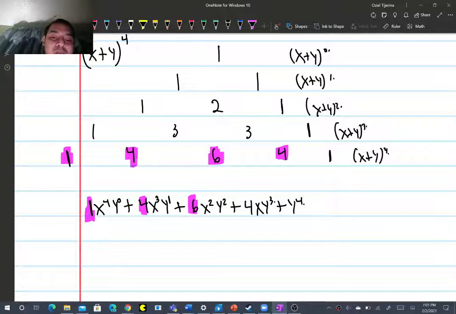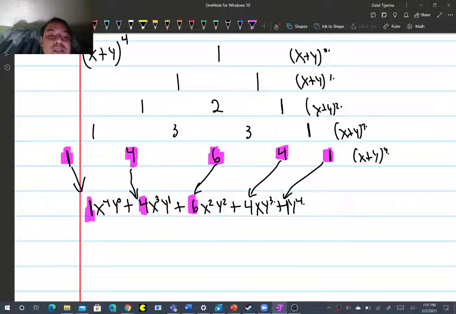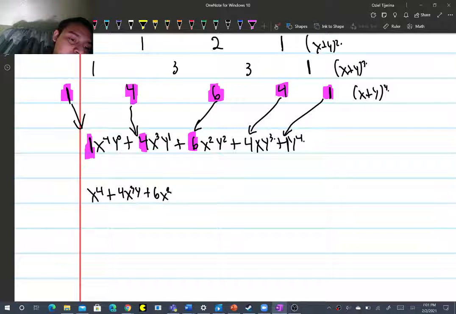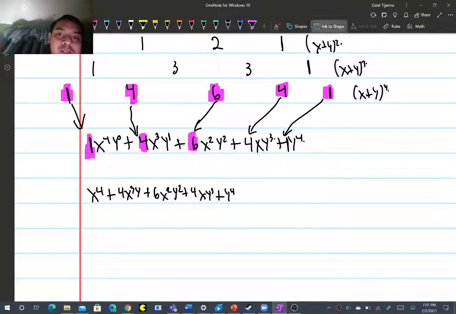So that's how it works. We can say 1y to the 4th, just so that you can understand how it works. Basically, it works like this. And that's basically how Pascal's triangle works. So our final answer would be x to the 4th plus 4x cubed y plus 6x squared y squared plus 4xy cubed plus y to the 4th. And this is our final answer.